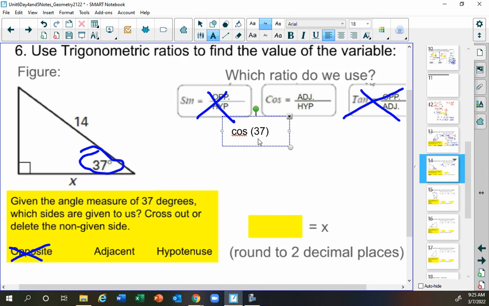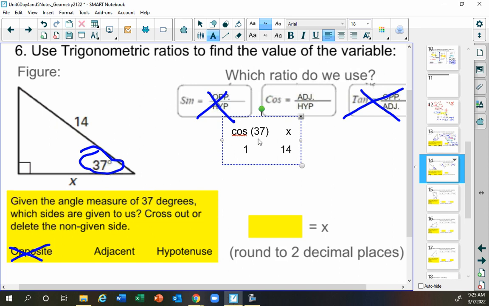Now, which one is the adjacent, the x or the 14? Look at our triangle. X. And then the hypotenuse is which side? 14.